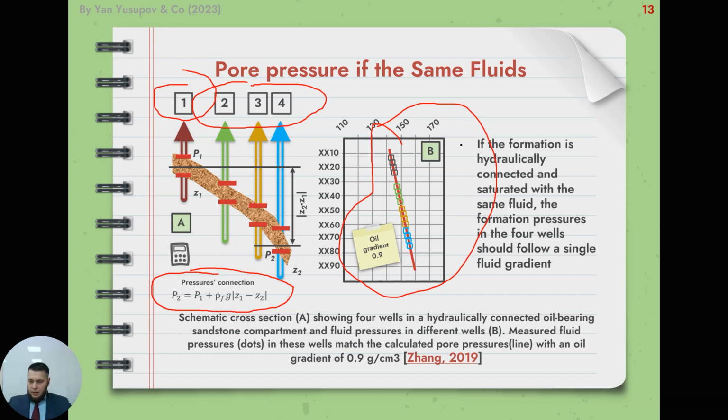It should be noted that the permeability magnitudes and their variation may affect hydraulic connectivity of a formation. So in extremely low permeability formations, such as shales, this application may be limited.